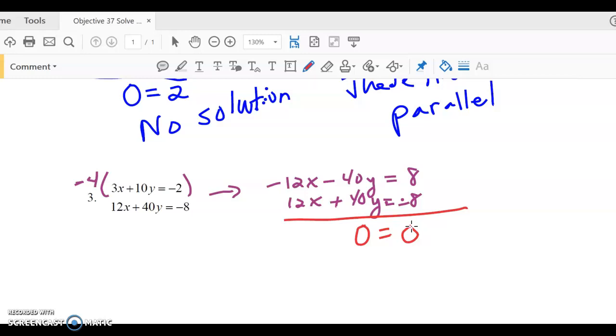Everything canceled out. That can't be the same as no solution. What must happen? This is a true statement. 0 does equal 0. So this must be the infinitely many case, because the reason it canceled out is that it's the same line. All right, let's go on to number 4.